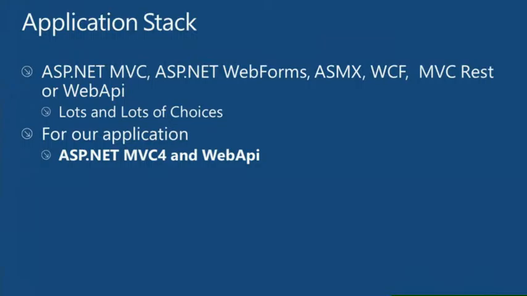And as we went through the different options and looked at what we had to work with, we did end up settling on MVC4 and Web API to build the front-end application stack. But we really truly could have gone with some other options. And of course, Azure is very committed to providing a great platform for your web assets, not only for stuff that is part of the Microsoft stack, but also other things. Like I said, Node.js and PHP are both fully supported in these new Windows Azure websites.